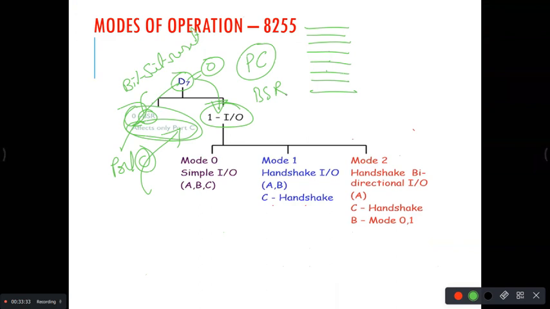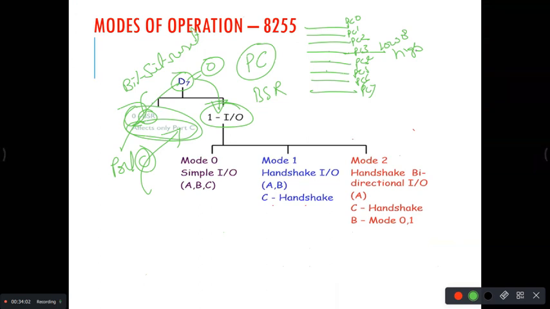That means, suppose this is your port C0, port C1, port C2, port C3, port C4, port C5, port C6, port C7. Suppose I want to send only low or high only in port C, and I don't want to touch other lines.